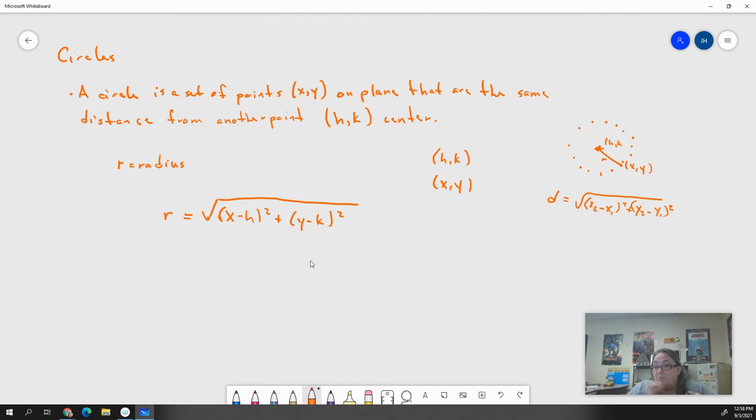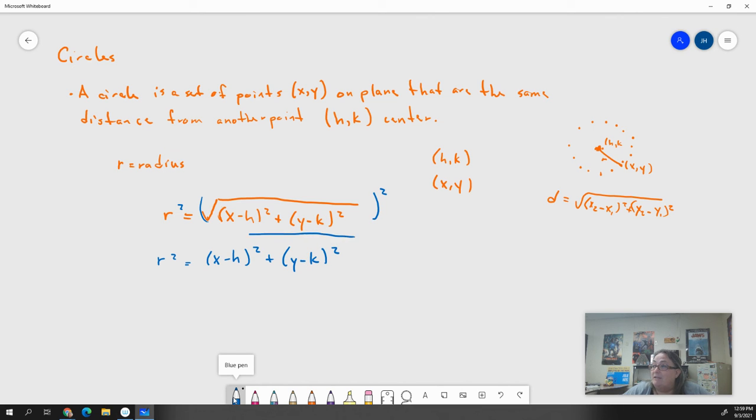The way I come up with the equation for a circle is if I square both sides of this equation. If I square this and I square this, this becomes the radius squared, and this whole piece right here goes away. This just becomes (x minus h) squared plus (y minus k) squared equals r squared.